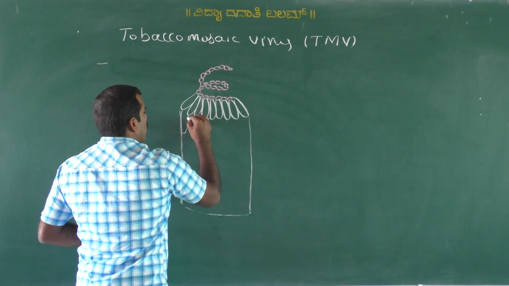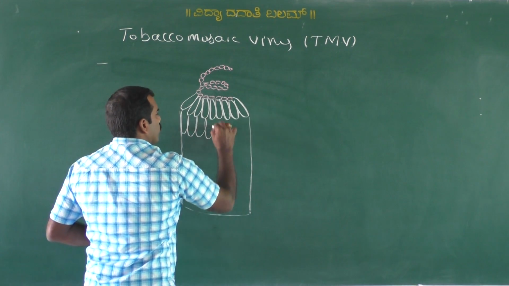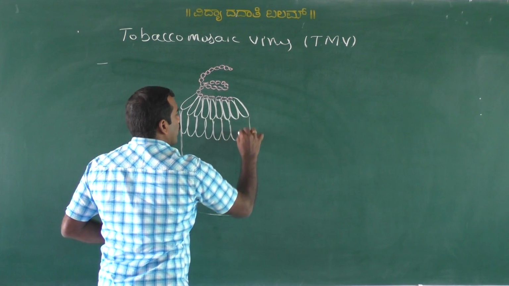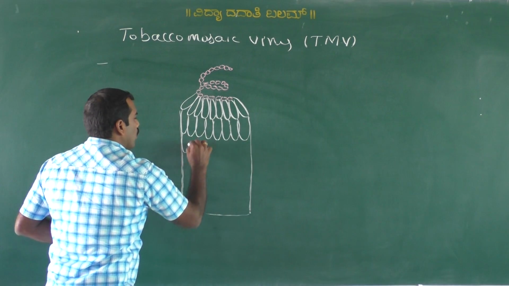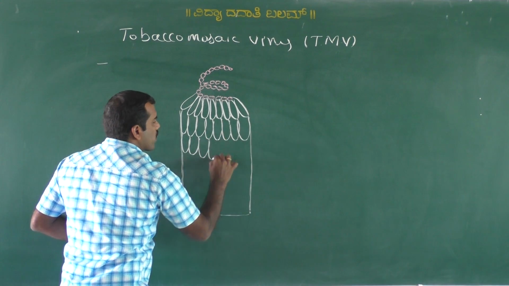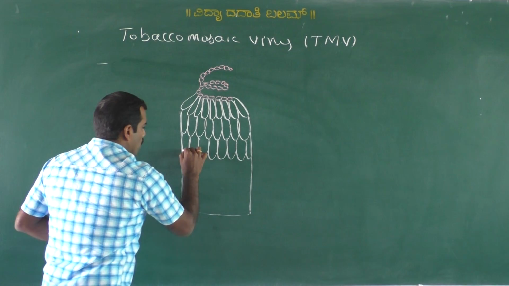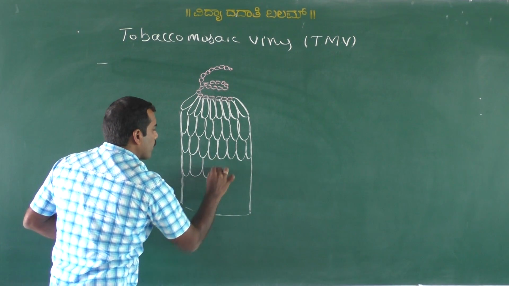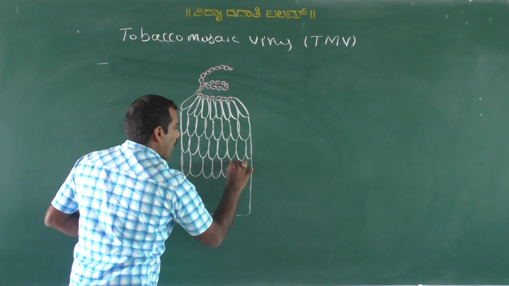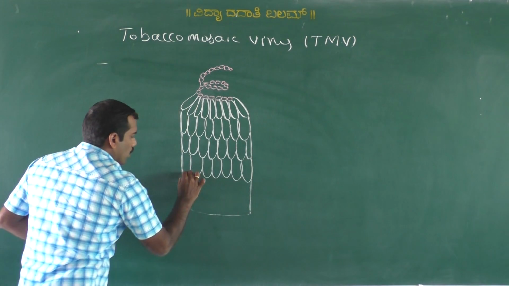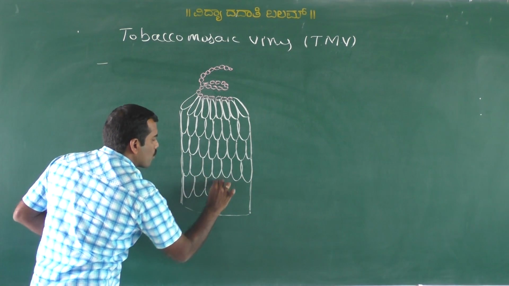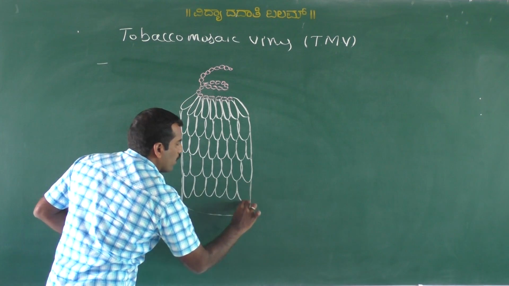So these are all capsomers. Totally this protein coat is called capsid. This is capsomers. Is it clear?